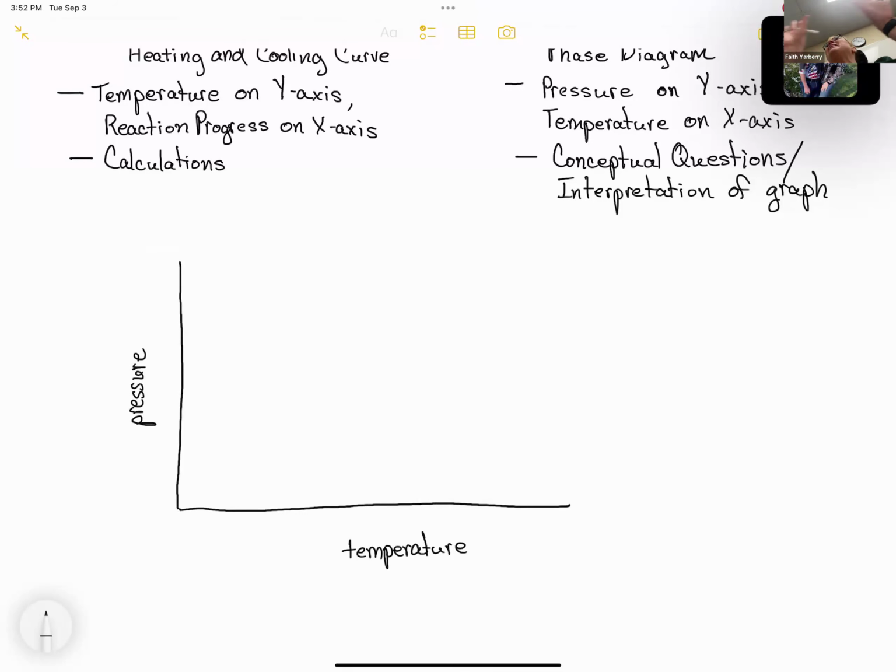In other words, we really have two variables. What is our state of matter from both a pressure and a temperature perspective? Whereas the heating and cooling curve was really just what is the state of matter from a temperature perspective. Now we're dealing with both pressure and temperature.